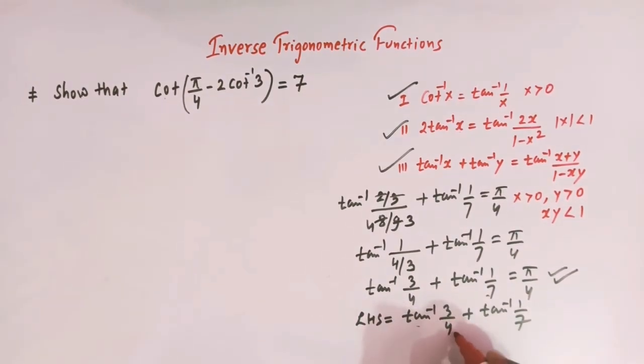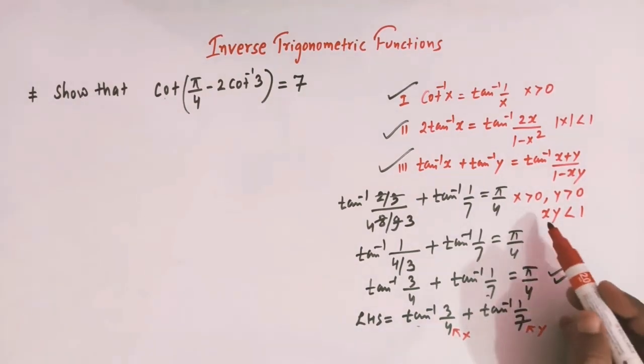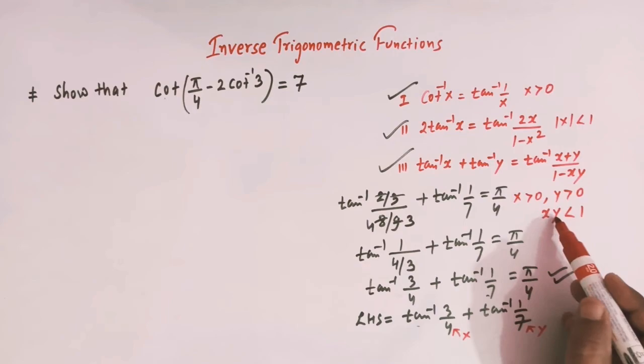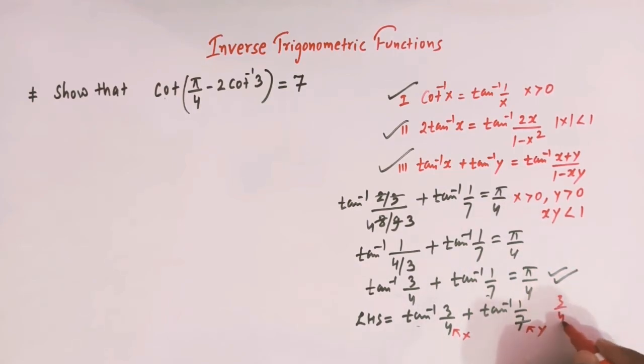For x we have 3/4 and for y we have 1/7, and obviously the product of x and y, that is 3/4 times 1/7, is less than 1.